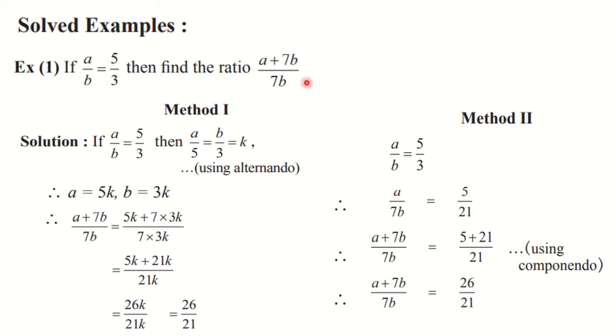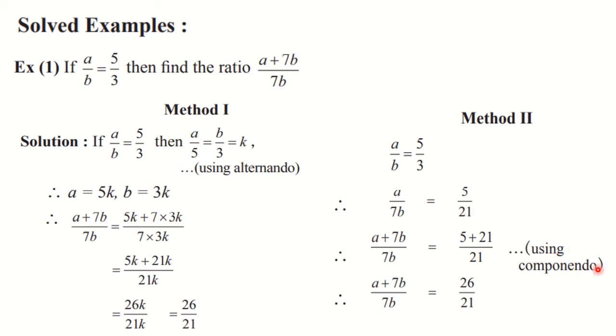Now as I have said previously, you can observe that this is componendo. So we are going to use componendo. That means adding the denominator to the numerator. The denominator will remain as it is. So a plus 7b upon 7b is equal to 5 plus 21 upon 21.